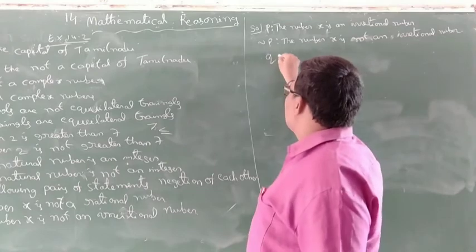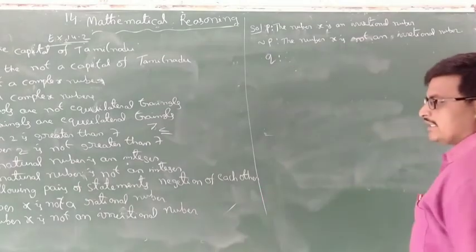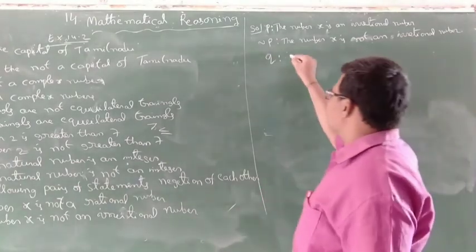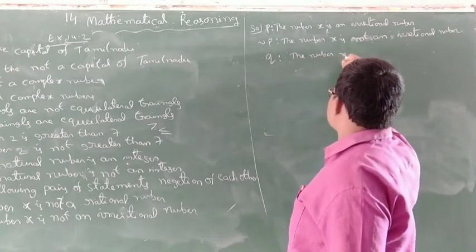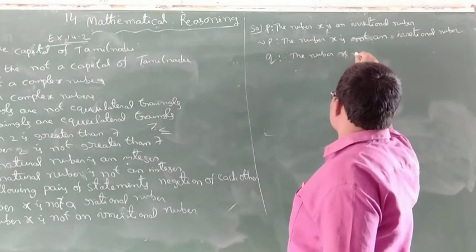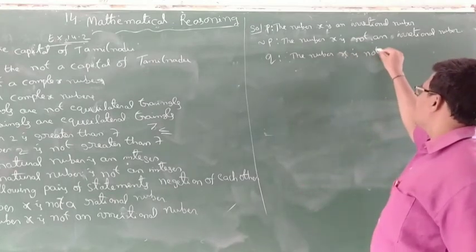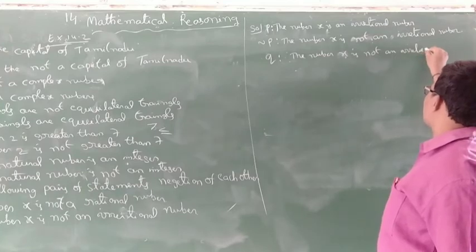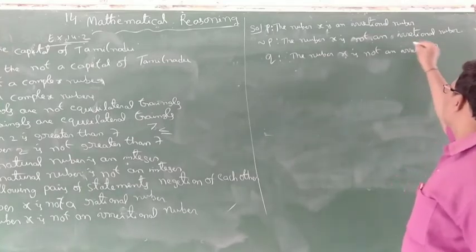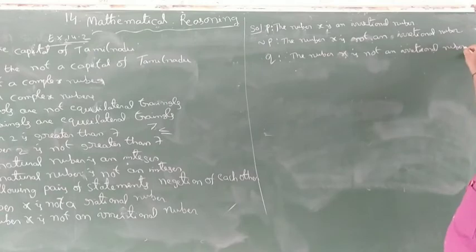Given Q: the number x is not an irrational number.